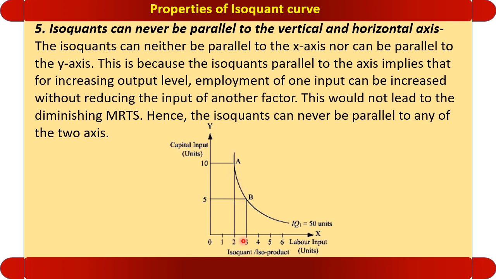Because if we keep one input constant and increase the other input, definitely the output produced will change, which is contrary to the fundamental property of the isoquant curve, that is, using a combination of two inputs in such a way that the output produced should be the same. So the isoquant will be neither parallel to the x-axis nor parallel to the y-axis.